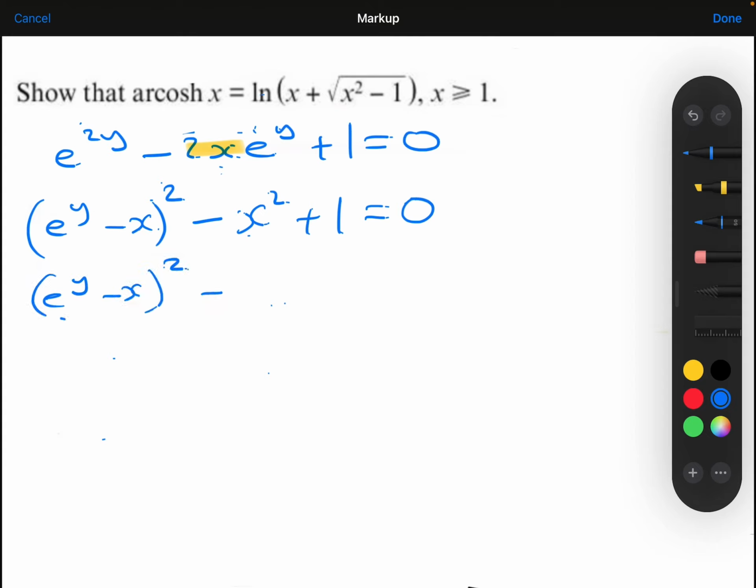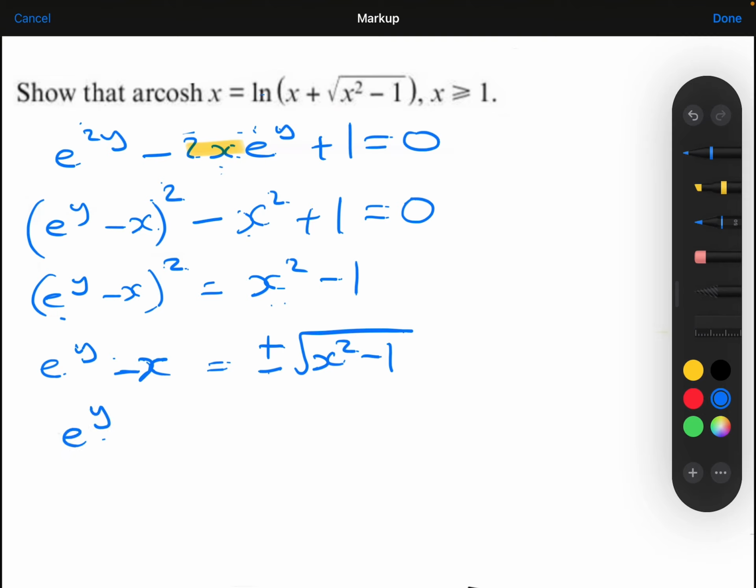Move the x squared and the minus 1 to the other side. Square root. And then I'm going to add the x to both sides.